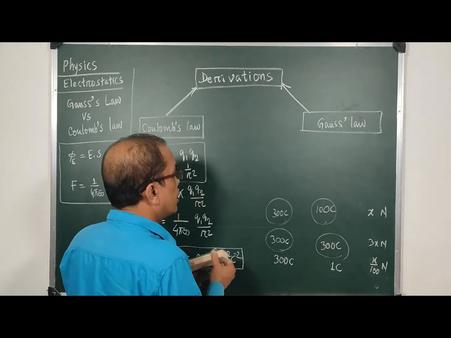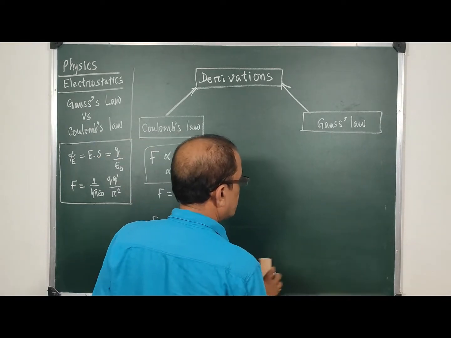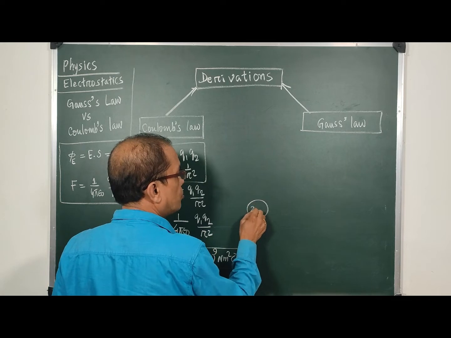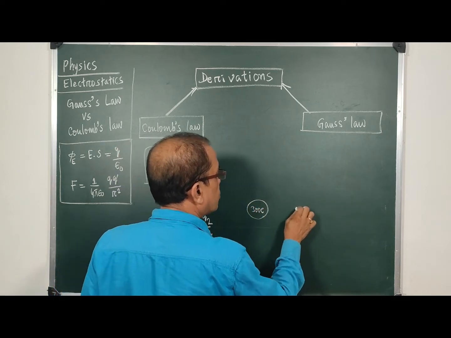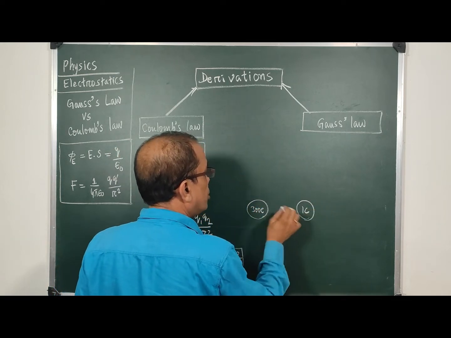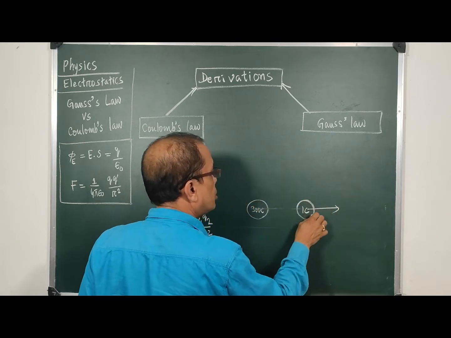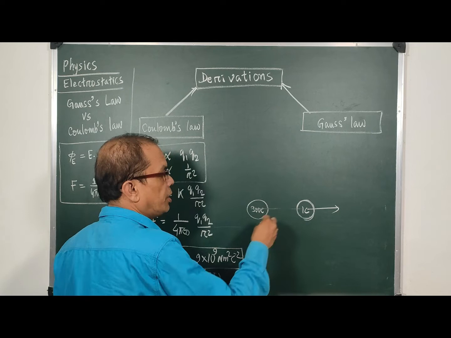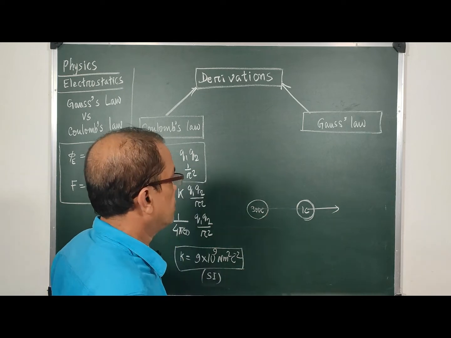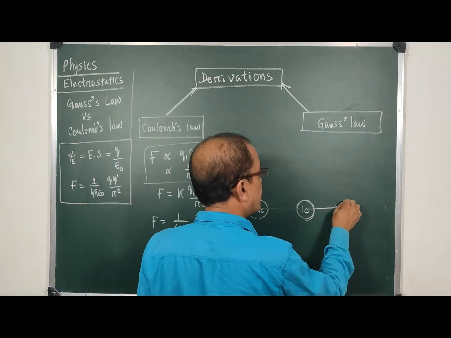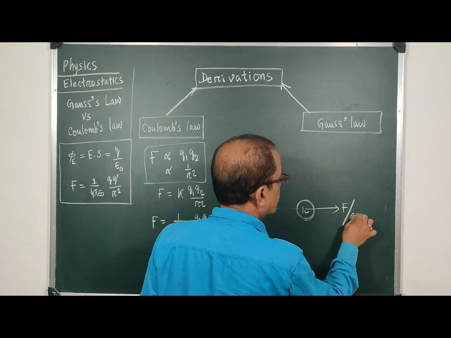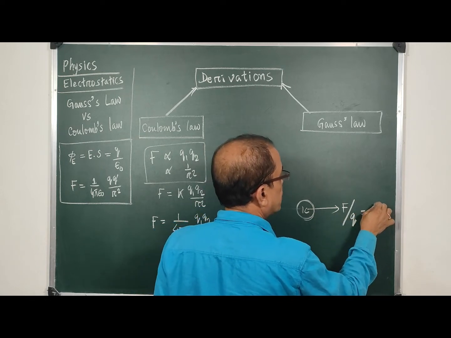So if there are two charges, one of 300 coulombs and another of 1 coulomb, then the force on this unit point charge, the test charge, will be the electric field.